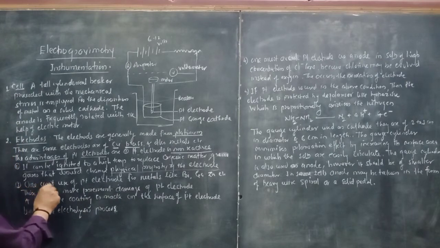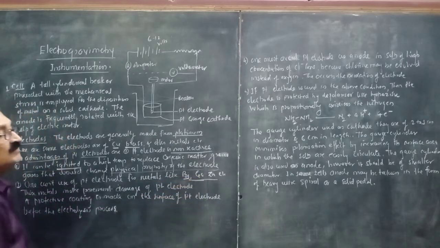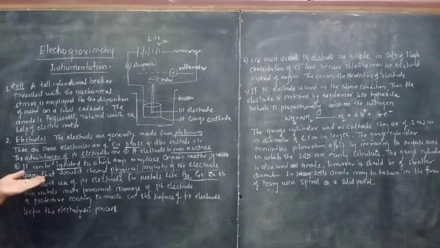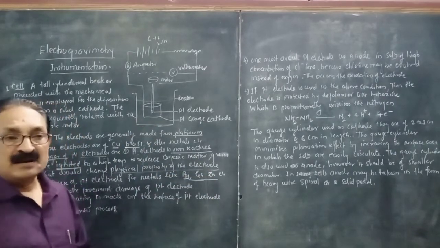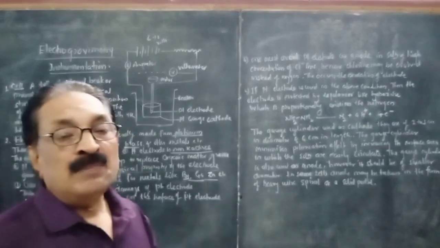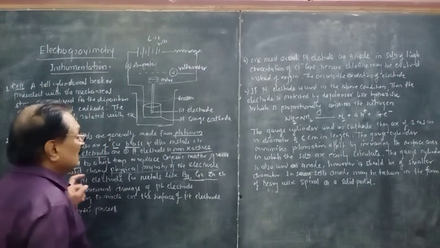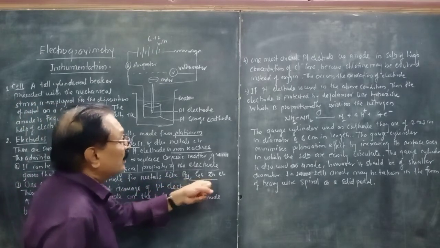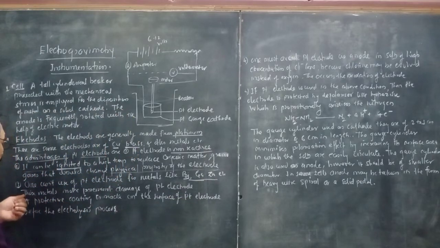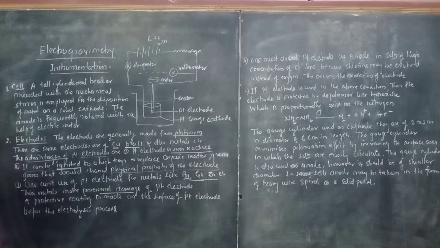Then the third one is that one cannot use the platinum electrode for metals like bismuth, gallium and zinc. The platinum electrode is already very sensitive, and to determine bismuth, gallium and zinc by the electrogravimetric technique, the platinum electrode cannot be used, because these metals make a permanent damage to the platinum electrode.